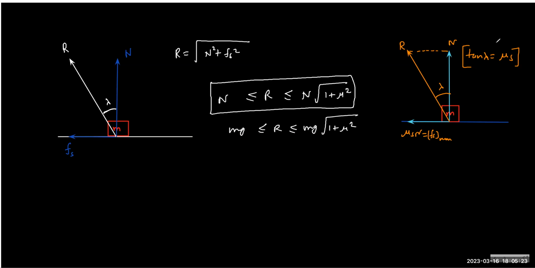So there is no choice left. It will be exactly in this direction. And the direction is well known to you. I know tan lambda is how much? You can attest mu s. So once we have the well-defined mu s value, we know what is the angle, right?